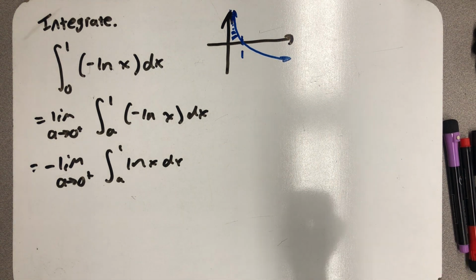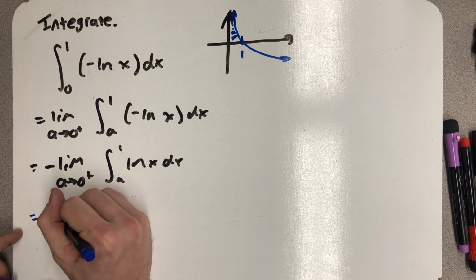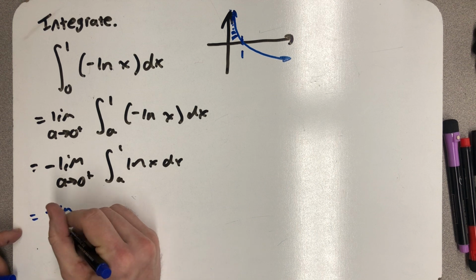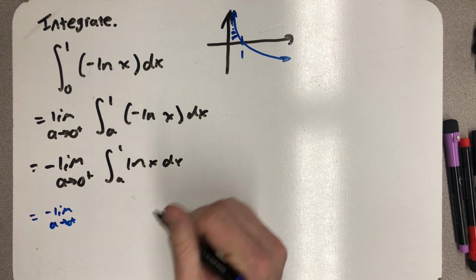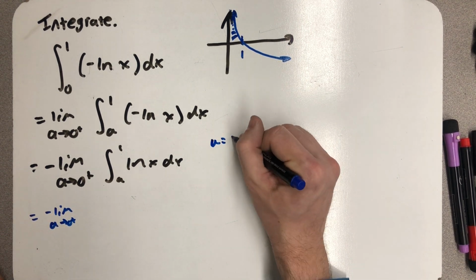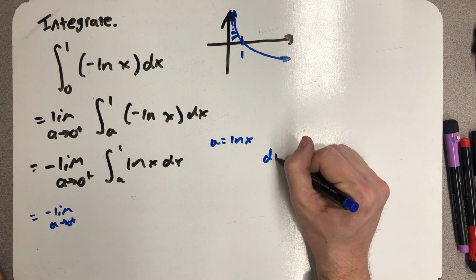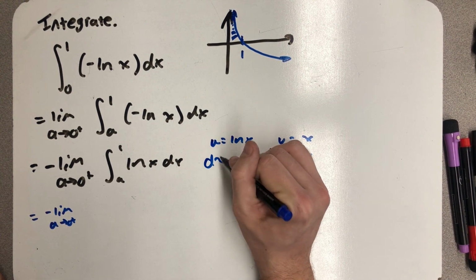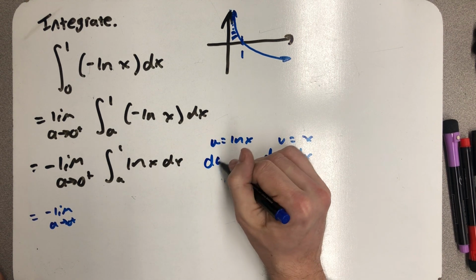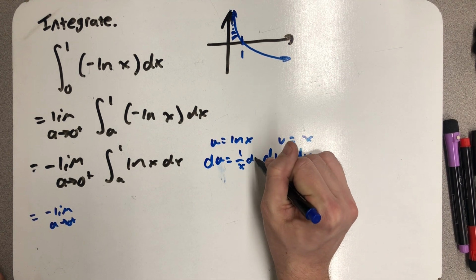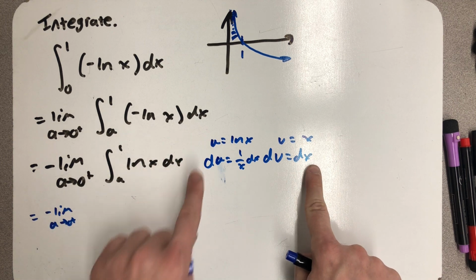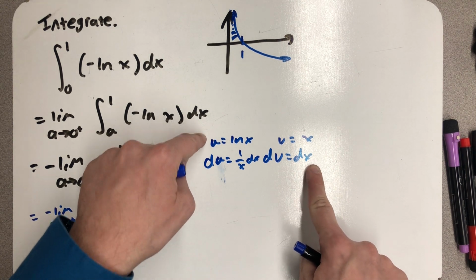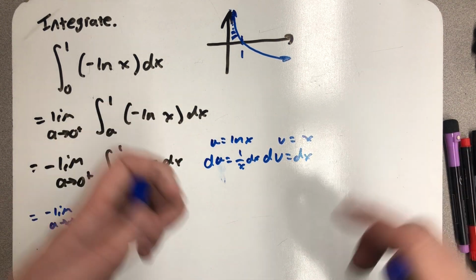Okay, well, maybe we actually just know an antiderivative for the natural log of x. If we don't, we can integrate by parts. Picking our u and our dv to be the natural log of x and dx respectively, I can differentiate and integrate.